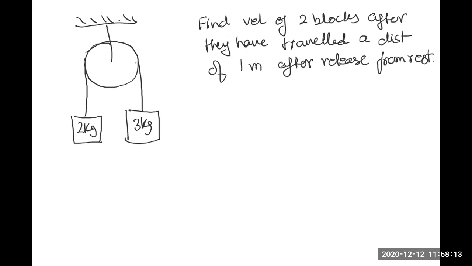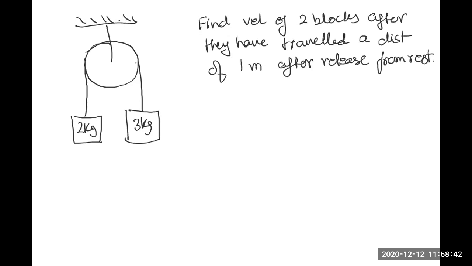V square is equal to u square plus 2as. I have worked out using Newton's laws. S is given to me, U is given to me, and therefore I will be able to work out the value of V. Okay? So I want to show you how I will work out the value of V. I will apply the work energy theorem to work out the value of V. Okay?